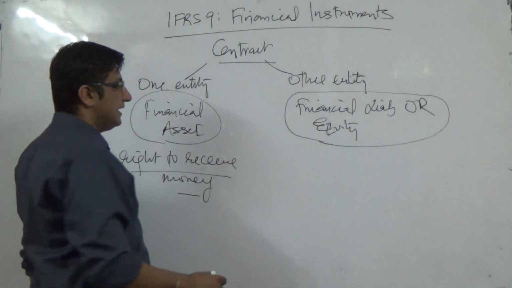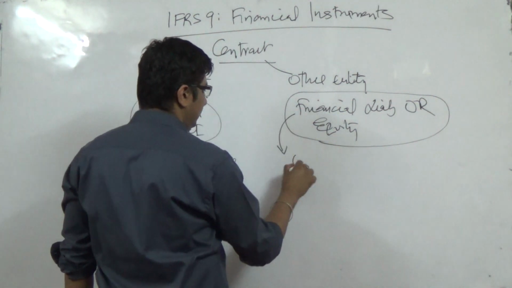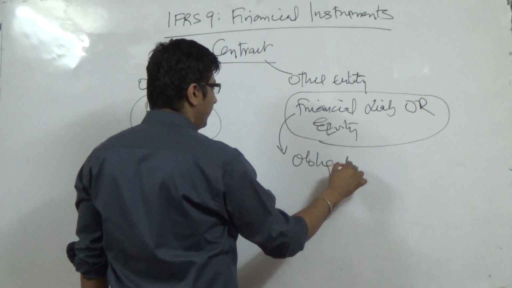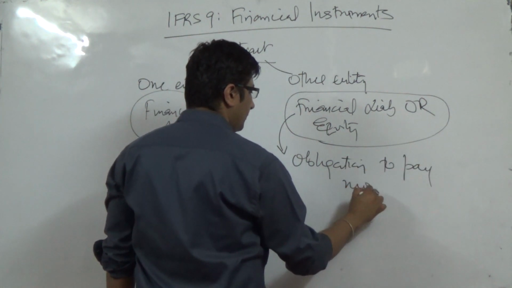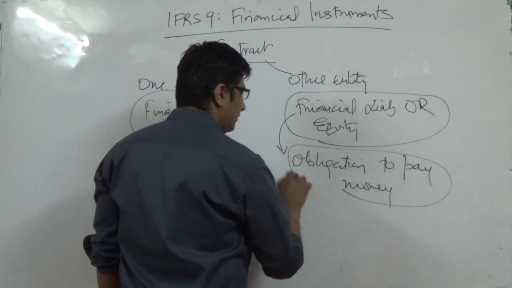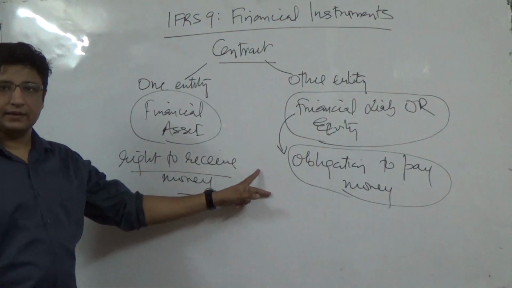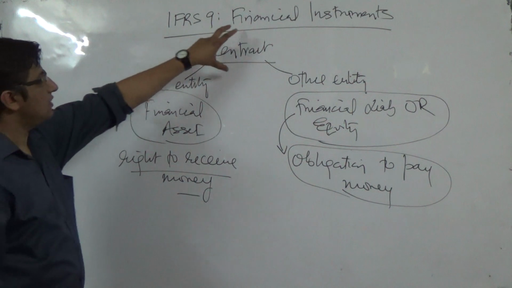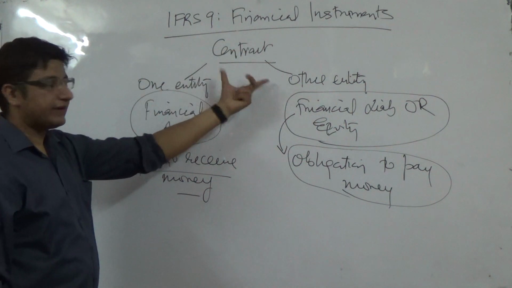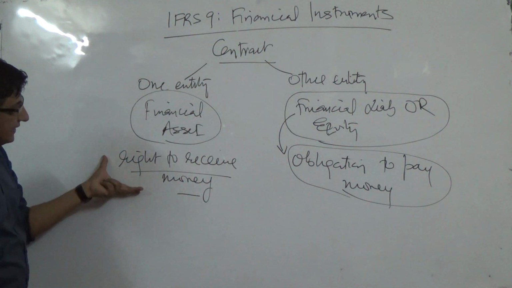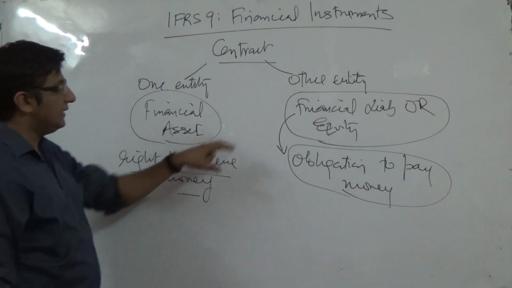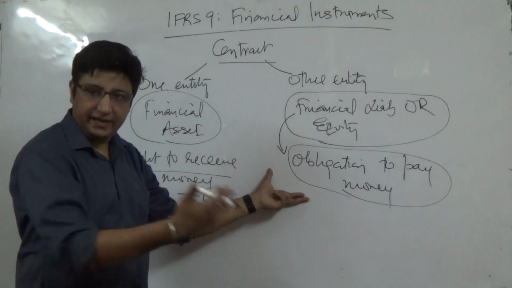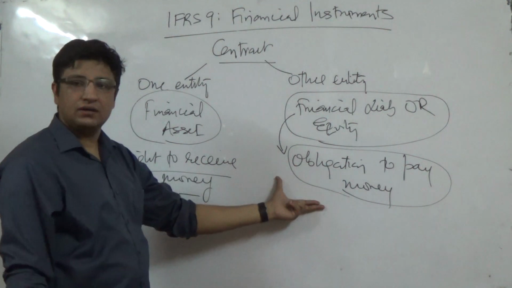And if I look at a financial liability, we are just stating it as an obligation to pay money. So what we're saying is, there is a contract between two parties wherein one party is entitled to receive money or something equivalent to money, and the other party is obliged to pay something or something equivalent to money.